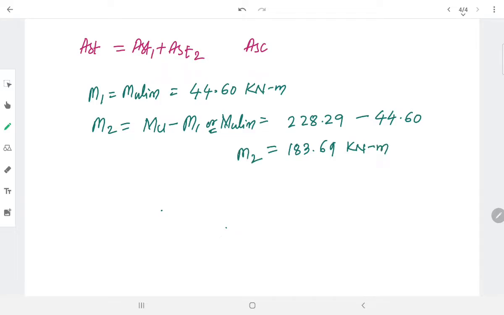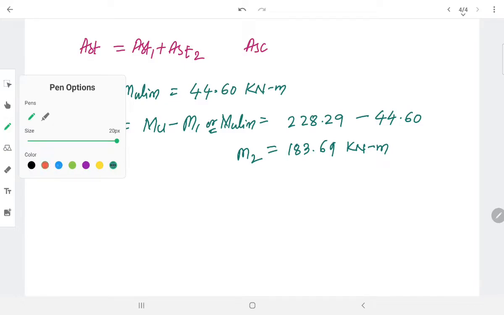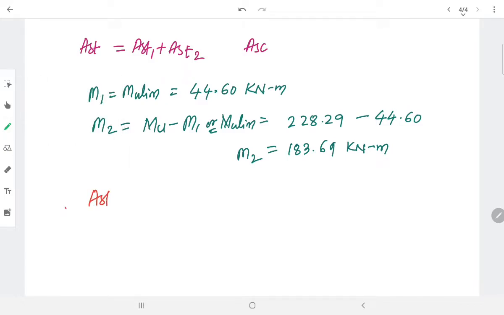When you get the value of M1 and M2, you can easily find AST1 as well as AST2. Here I will be calculating AST1 first. AST1 is equal to M1 divided by 0.87 Fy into bracket D minus 0.42 XU max.